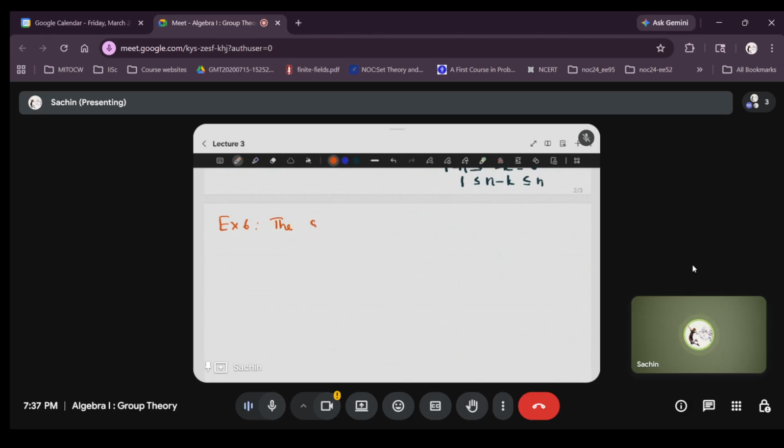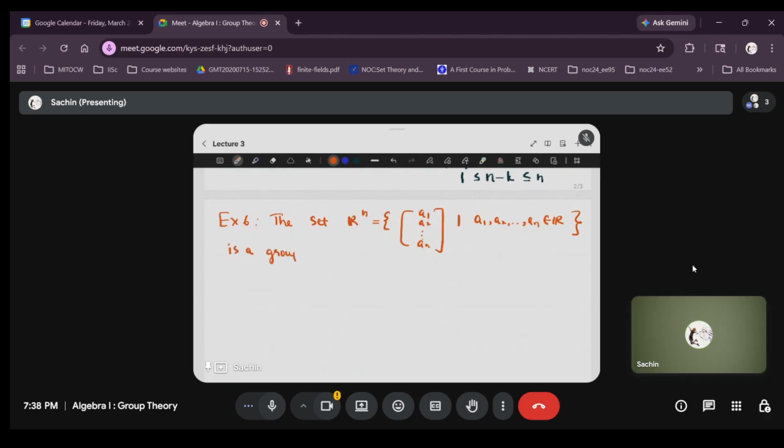So the set Rn, which is the set of all vectors of the form a1, a2, etc. up to an, such that a1, a2, all the way to an are all real numbers. The set of vectors is a group under addition, and addition is defined component wise.